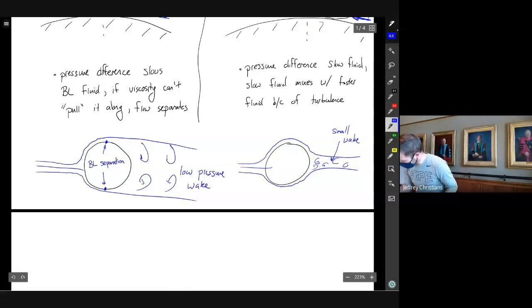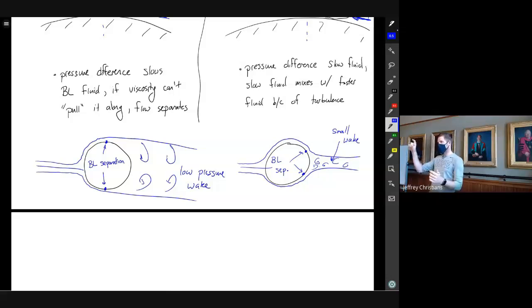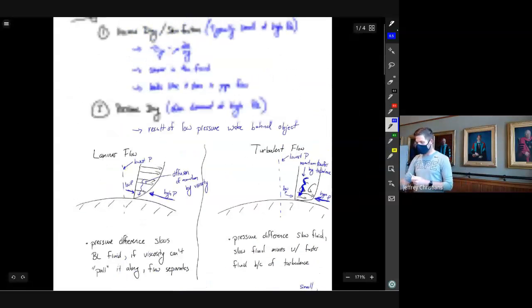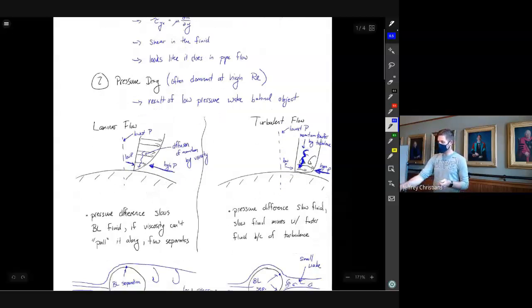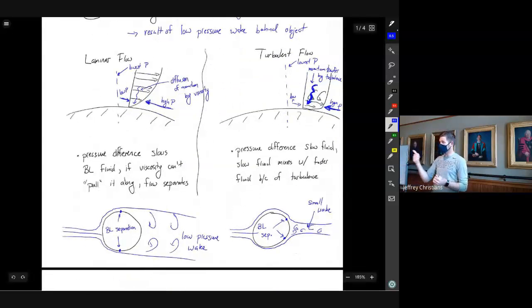So now our boundary layer separation is delayed further down the back of the object. So we have a smaller wake, we have less pressure drag. We essentially swap: in the case on the right, we have more viscous drag because turbulent flow has more viscosity, more viscous drag.